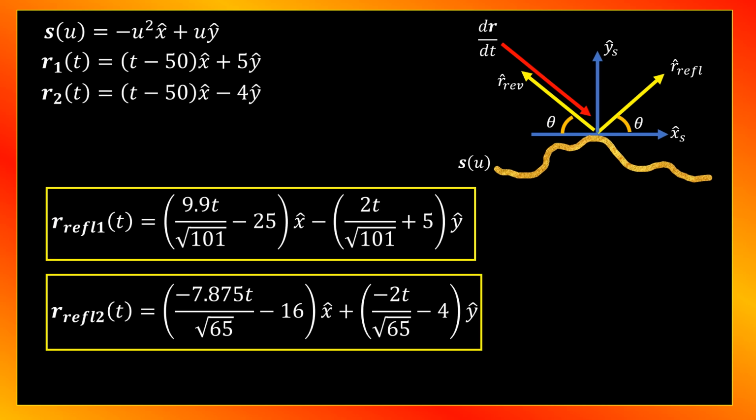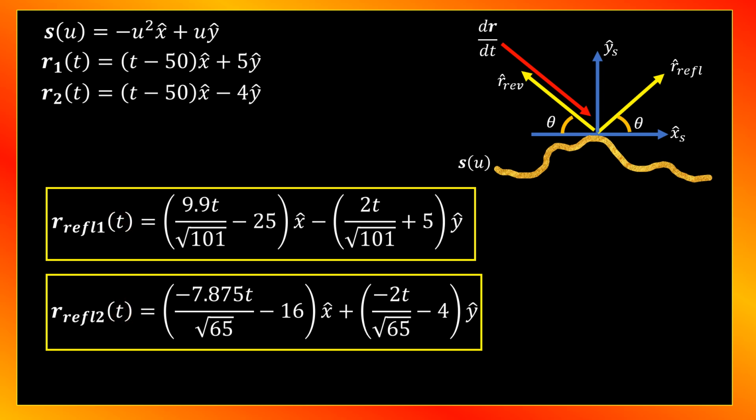So we have calculated these two equations, r reflected 1 of t and r reflected 2 of t, but these are parametrized by time. In order to figure out where they intersect, we're going to have to parametrize them by a path. So they're both going to have different p's. Let's just say that this one's going to be, instead of t, p1, and this one's going to be, instead of t, p2.